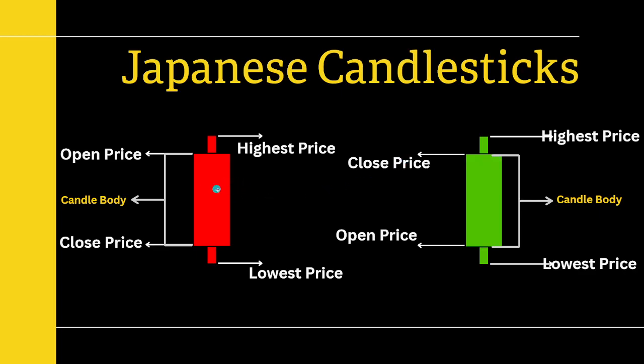However, for a bearish candle, it is the opposite, and I will explain in a second why. On a bearish candle, the close price is determined by the lower part of the body, and the open price is determined by the higher part of the candle body.